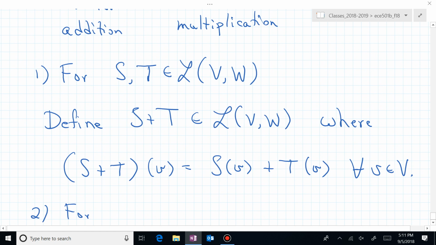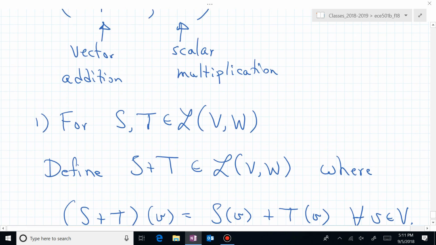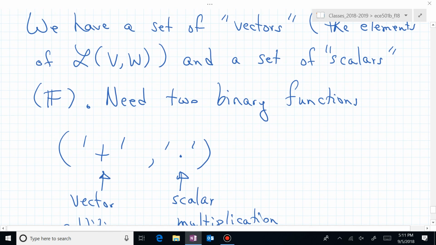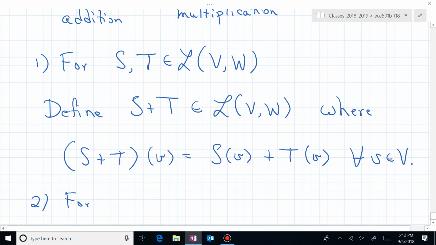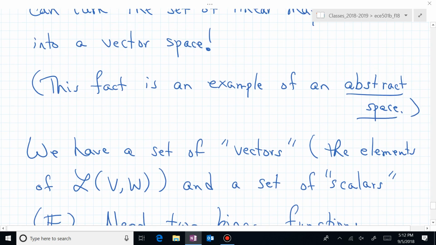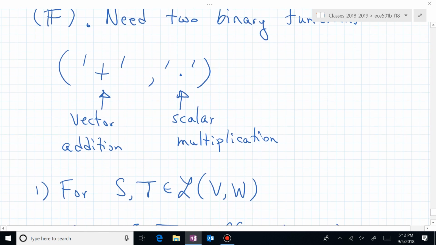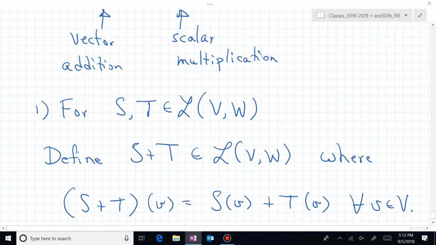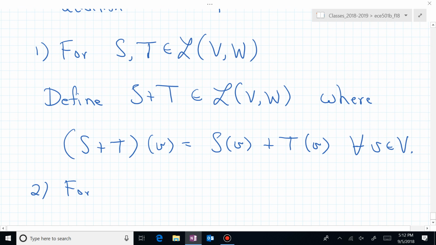It's coming from capital V. So we have this linear map S and T that are vectors, and now those operate on a v in our vector space capital V.